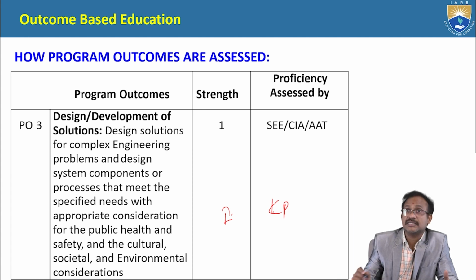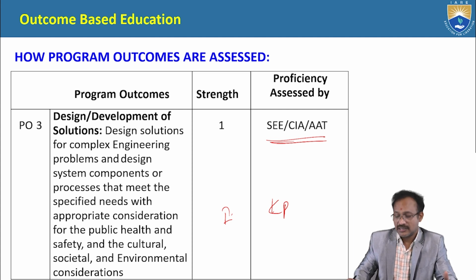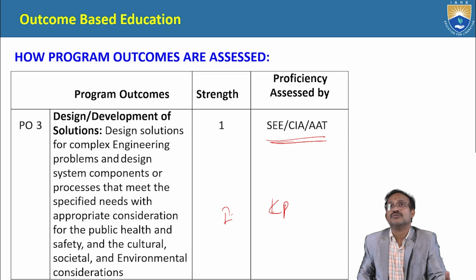So here the strength is just 1, with fewer key parameters. Here also the proficiency is assessed by semester end examinations, continuous internal assessment, and alternative assessment tools.